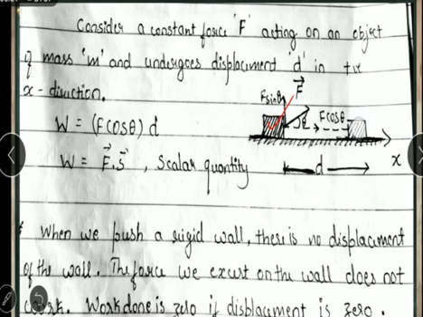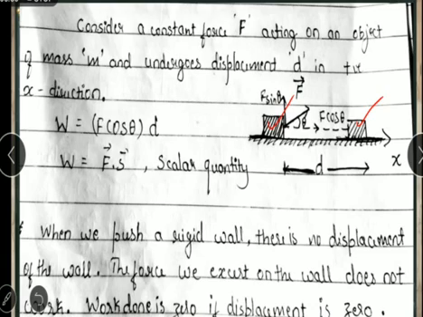It has been displaced to a distance d. Since force is a vector, it can be resolved into two components, that is F cos theta and F sin theta. So according to the definition of work, the product of the component of the force along the direction of the displacement.